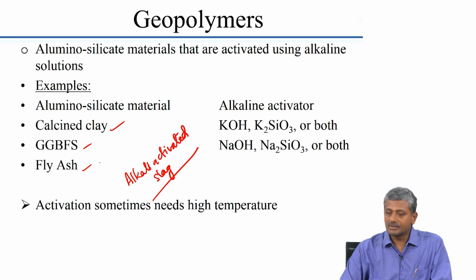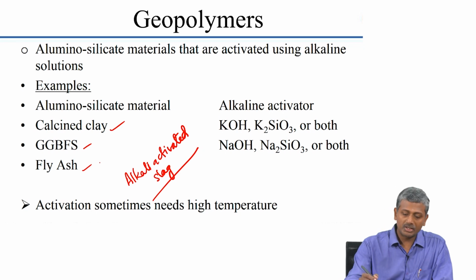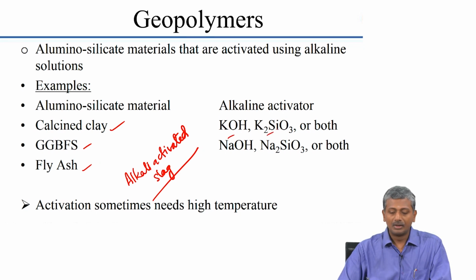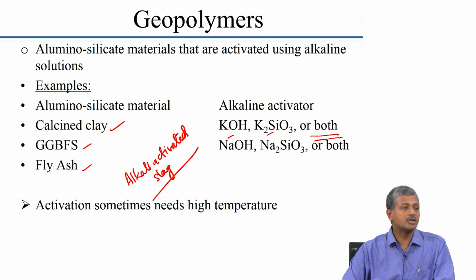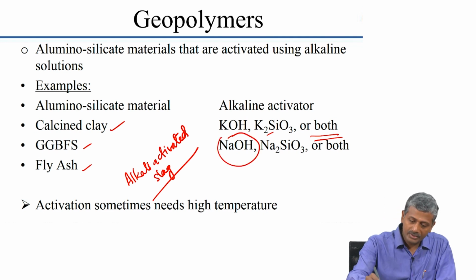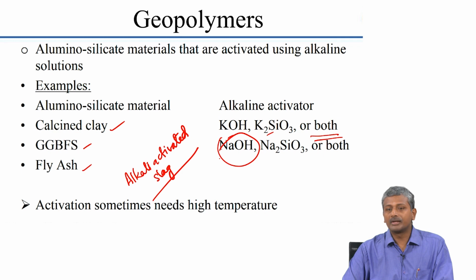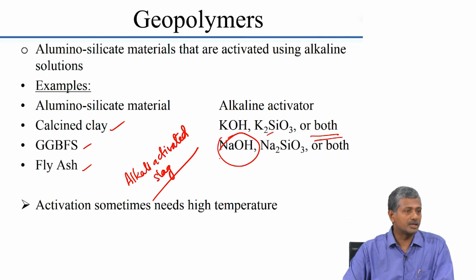The alkaline activators generally are either potassium hydroxide or potassium silicate, or generally a combination of both potassium hydroxide and silicate, whereas the other kind of alkaline activators could be sodium hydroxide and sodium silicate or a combination of the two. Okay. So, very often you see several research papers that look at only the hydroxide part to try and polymerize the inorganic aluminosilicate molecules.